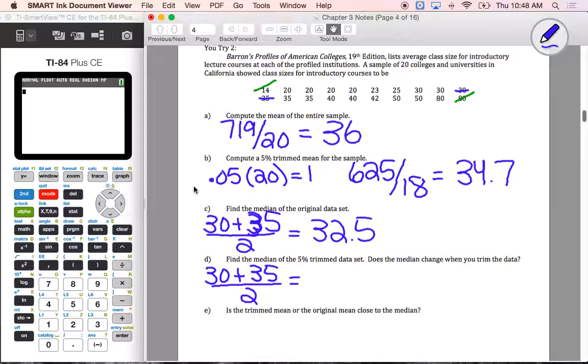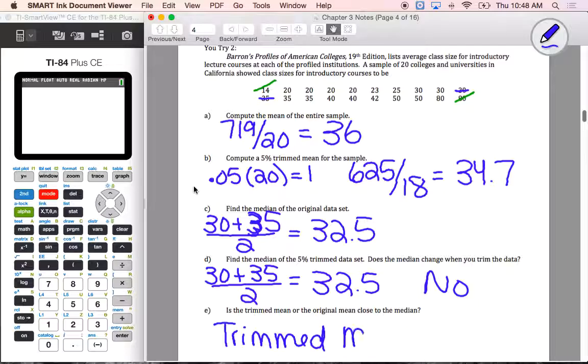So I add those two together and divide by 2, and I get 32.5. So the median did not change. Now they want to know, is the trimmed mean or the original mean closer to the median? The closer value is going to be the trimmed mean, because you're getting rid of some of the highest and lowest data values.